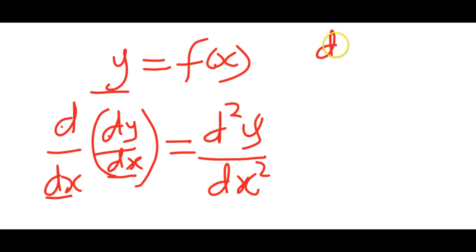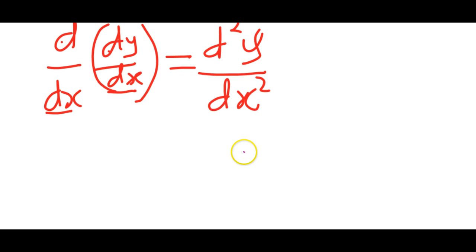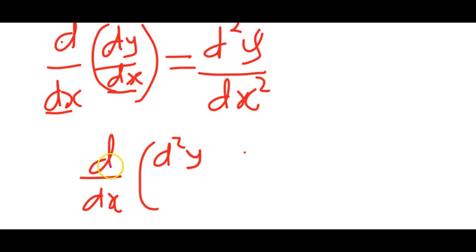Maybe you can say, why not make it x squared like this? Actually, writing (dx) squared like this is the same as writing dx squared in terms of calculus. Now, if I want to differentiate this one again, then I take the third derivative with respect to x of d squared y over dx squared.